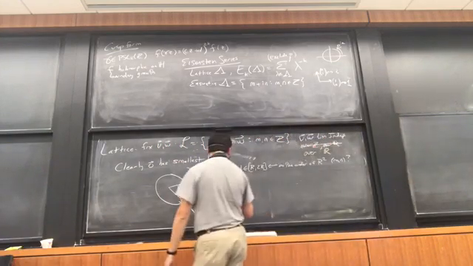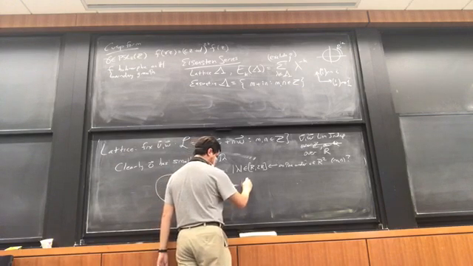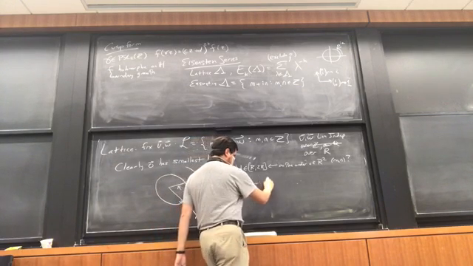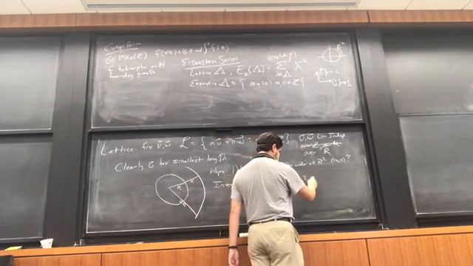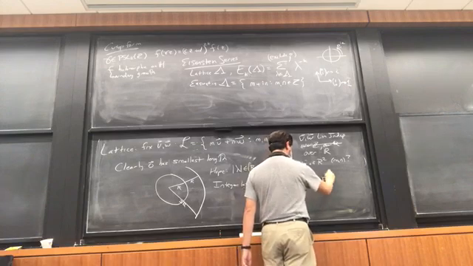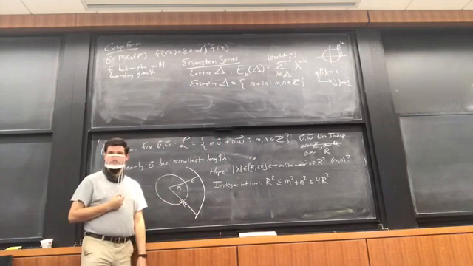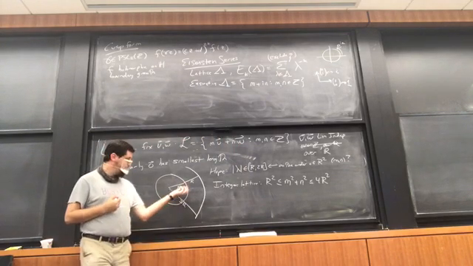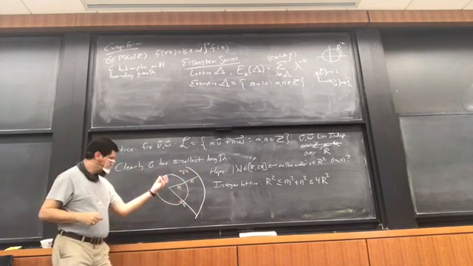So if we take the standard integer lattice, we want R squared to be less than or equal to m squared plus n squared, less than or equal to 4R squared. Right, because we want the point m plus in to have norm between R and 2R.